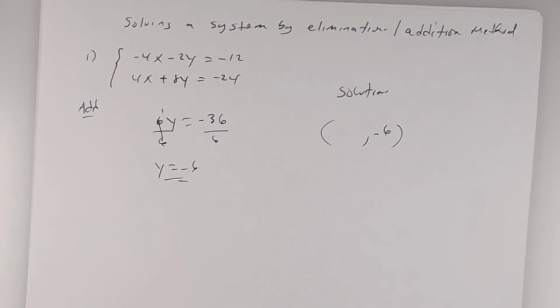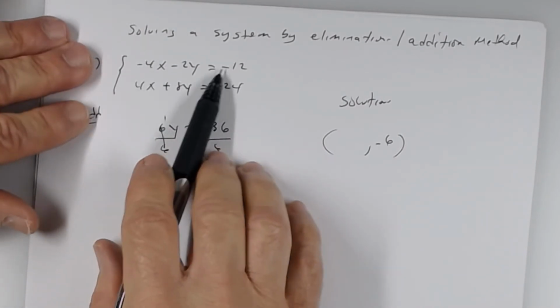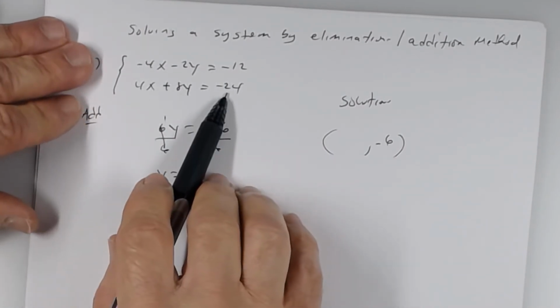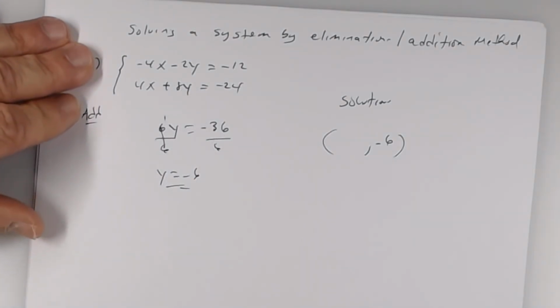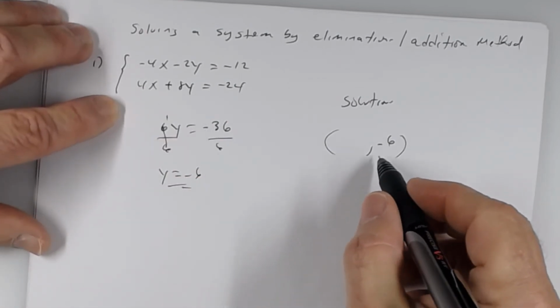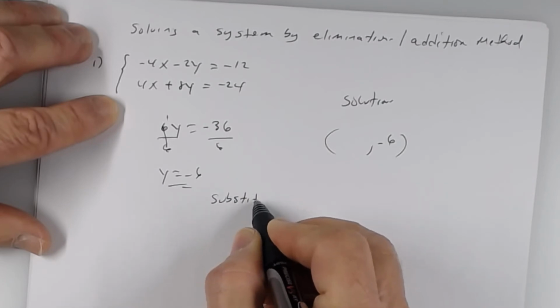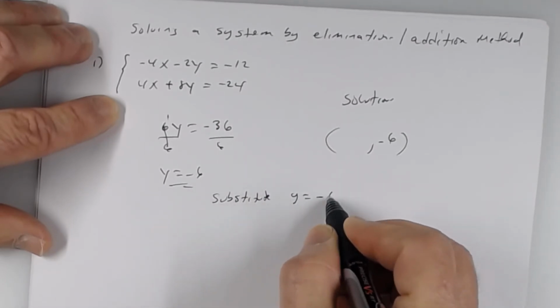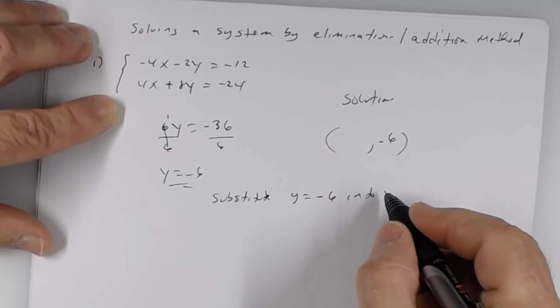Some of you may want to pick the first equation, some the second. It does not matter. You'll notice you get the same x coordinate. I'm just going to pick the second one, so I'm going to substitute y equals -6 into the second equation.